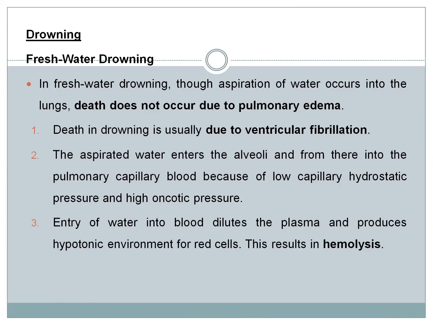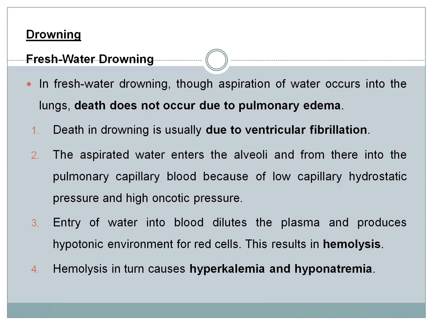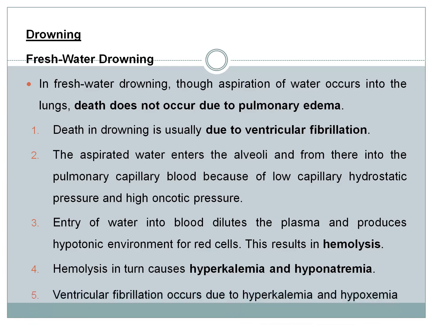So the red cells will be disrupted, causing hemolysis of the RBCs. The hemolysis in turn causes hyperkalemia and hyponatremia: an increase in potassium because of its release, and a deficit of sodium. And this causes ventricular fibrillation.